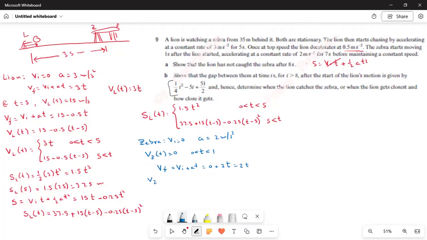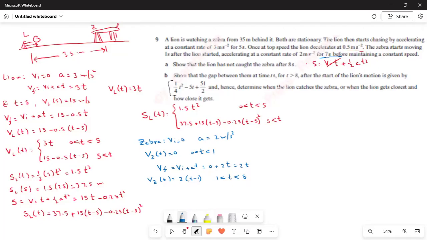velocity of zebra as a function of time, I would say it is 2 into (t minus 1). And this equation is valid when t is more than 1 second and less than 8 seconds, because we are told that the zebra keeps running for 7 seconds before maintaining a constant speed. So 7 seconds plus 1 second in the beginning.